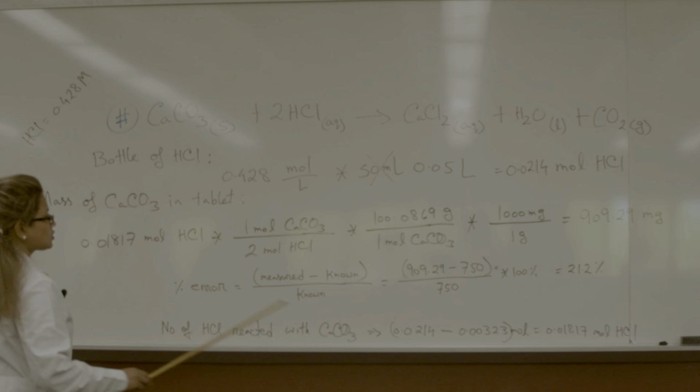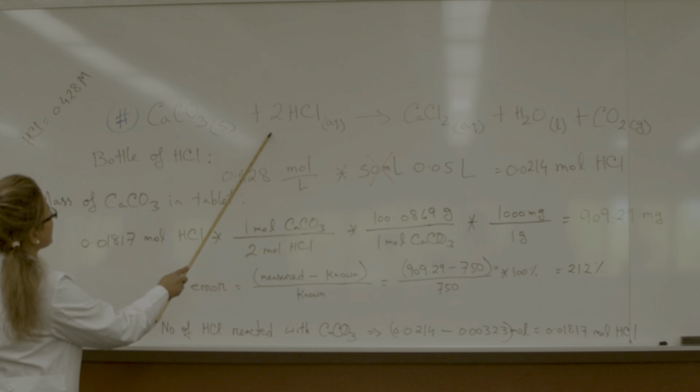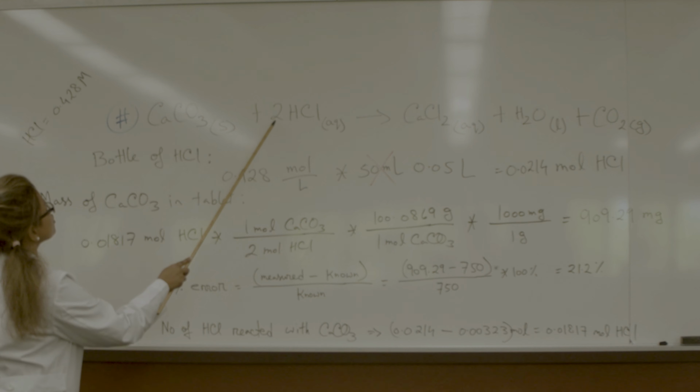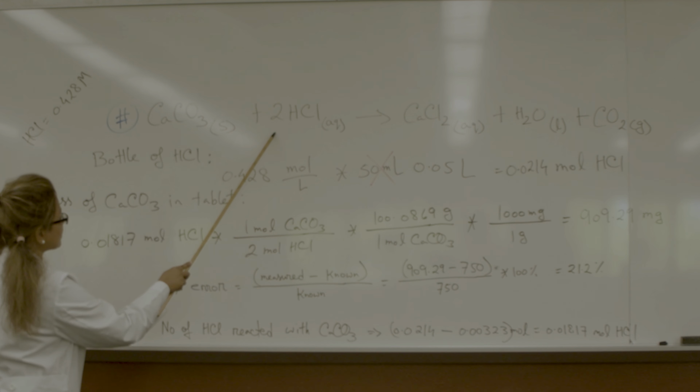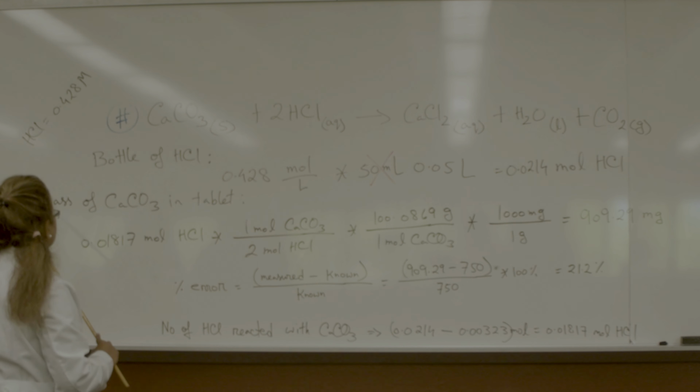Okay, as you see, this is also a stoichiometry reaction. This time I have 1 mole of calcium carbonate which reacts with 2 moles of hydrochloric acid. So this is a 1-to-2 ratio.